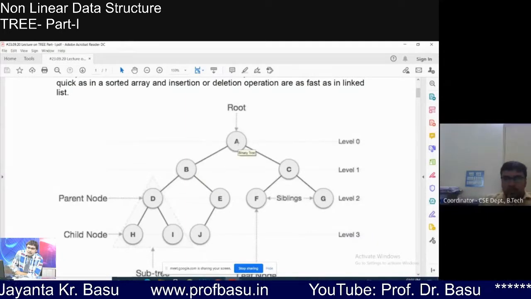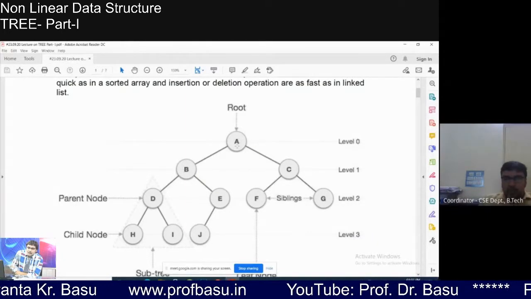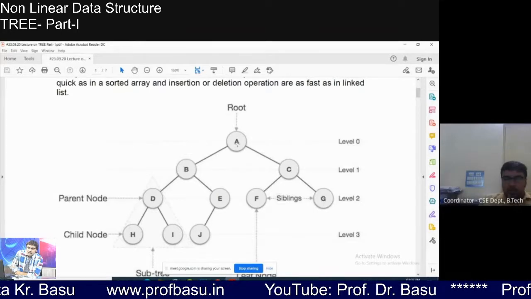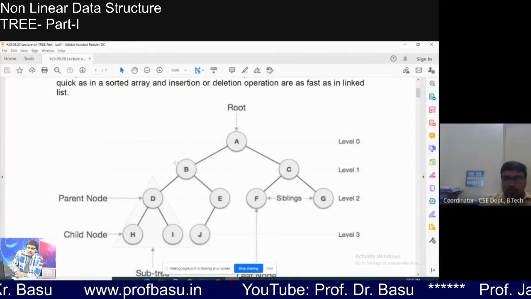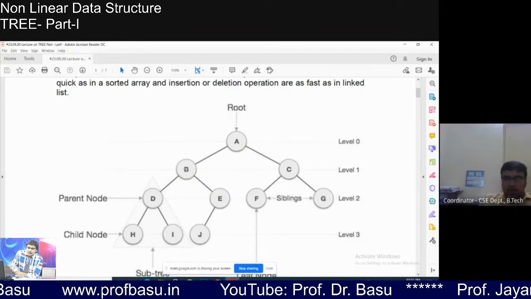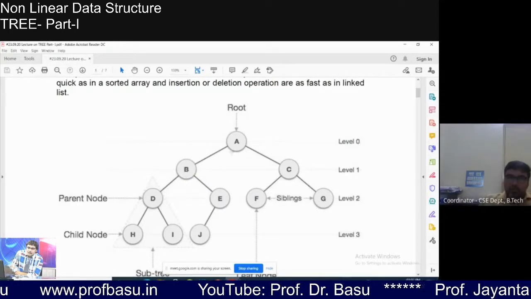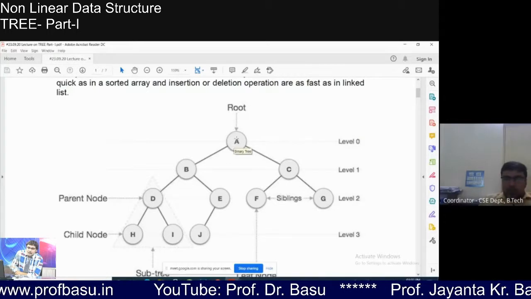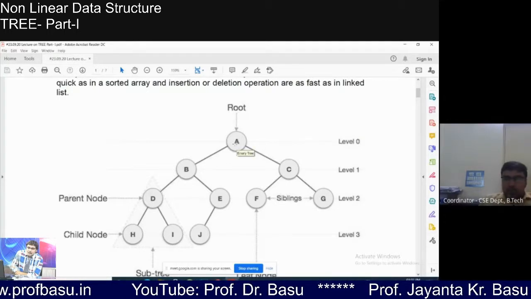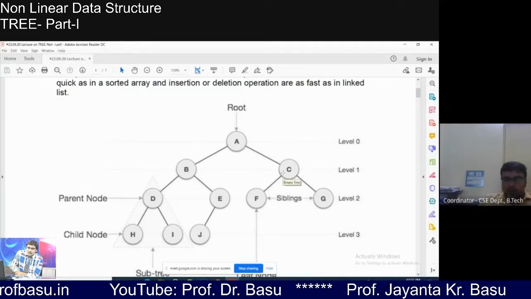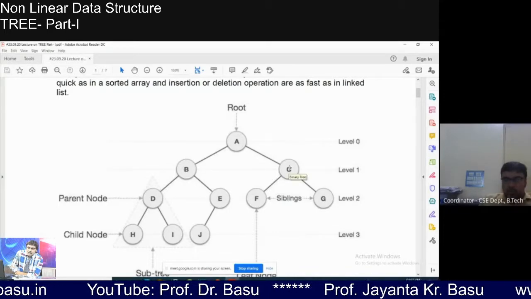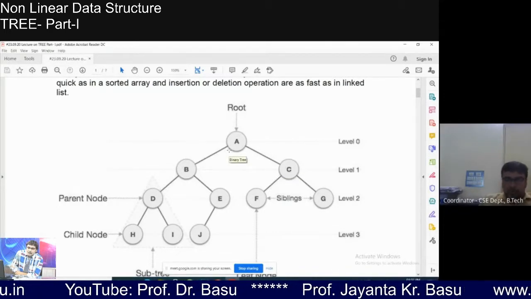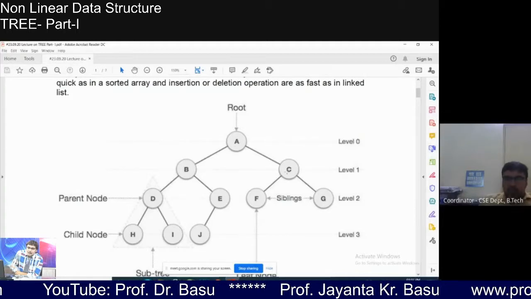In a linked list, two nodes are connected, but the difference is that there is interaction only between two consecutive nodes. In that scenario, a particular node would not have more than one connection, because that was a linear data structure, but this is a non-linear data structure.